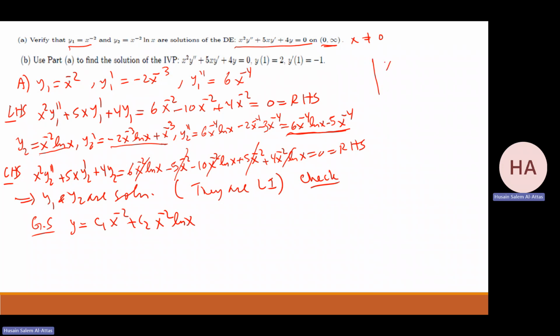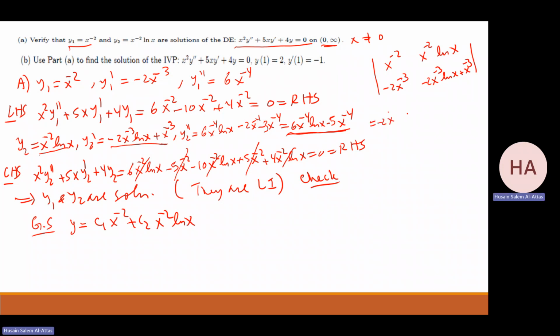So I have x to the minus 2, and x to the minus 2 ln x. What is the derivative? Minus 2x to the minus 3 ln x plus x to the minus 3. Now let me do the calculation right away.